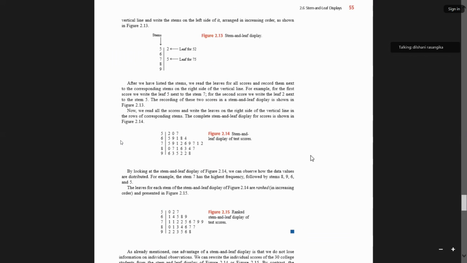You can take the number of data equals 30, right? Then what is the middle position of the 30? There's no exact middle position, right? So there are two values in the middle position. What are the two values? 15th value and 16th value, because 30 divided by 2 equals 15.